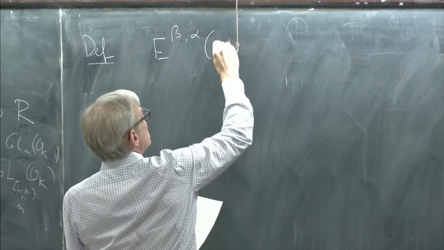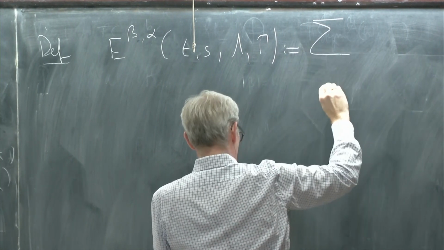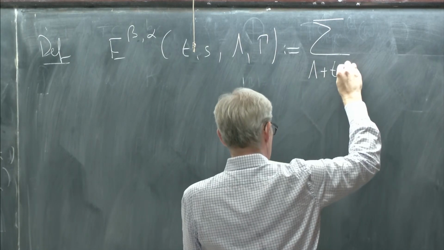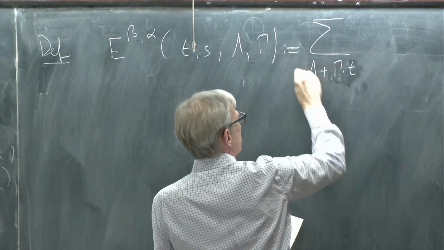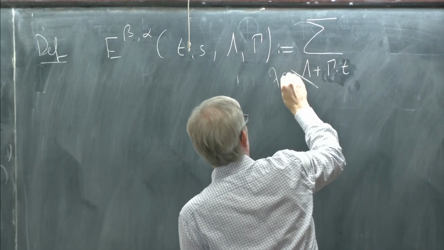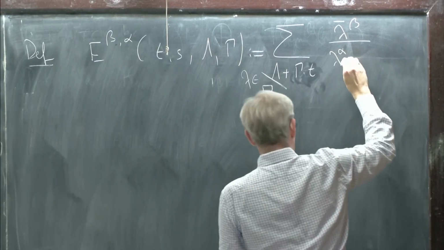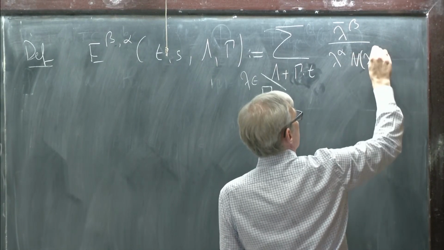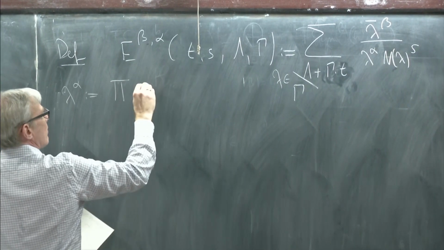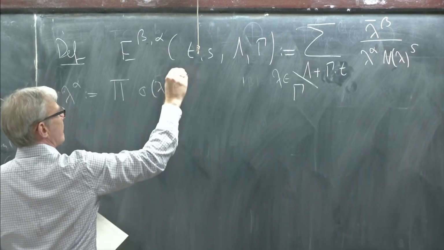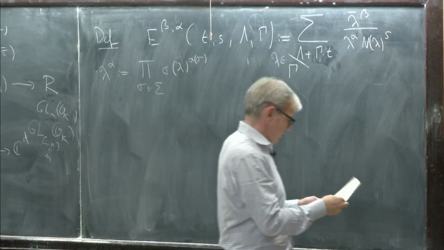Beta alpha Ts lambda gamma is the sum over lambda plus T times gamma times T, divided by gamma, where you have any lambda in here, and then you sum over lambda to the power beta divided by lambda to the power alpha times the norm S. Lambda to the power alpha is defined to be the product of sigma lambda to the power alpha sigma, where sigma runs through these sigmas, and similarly for beta.